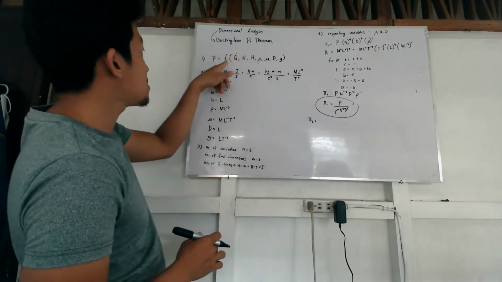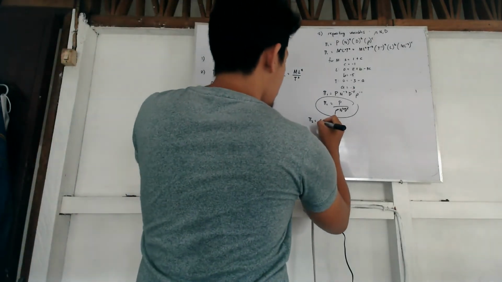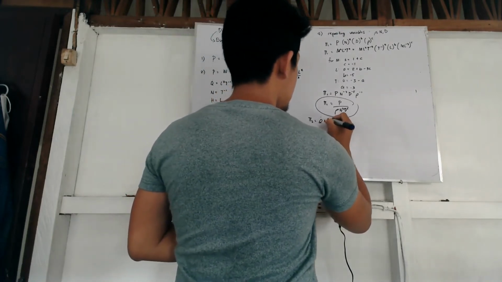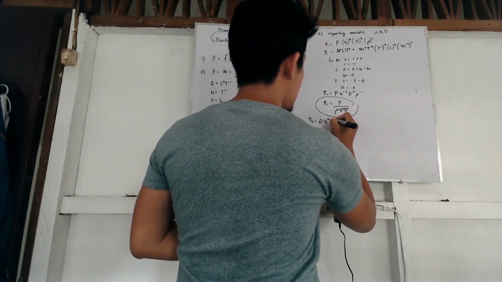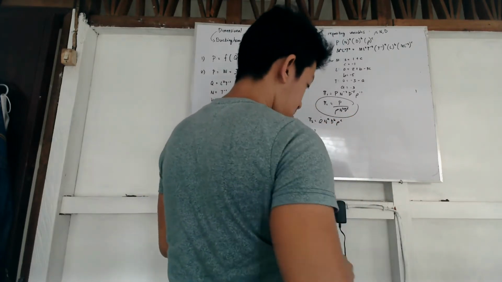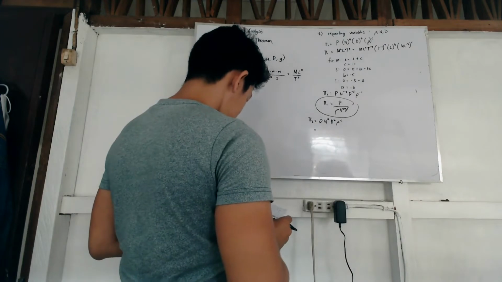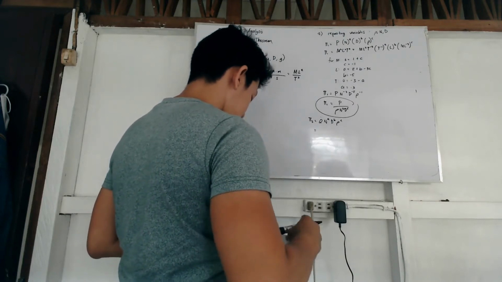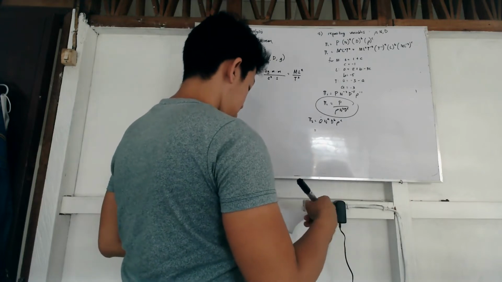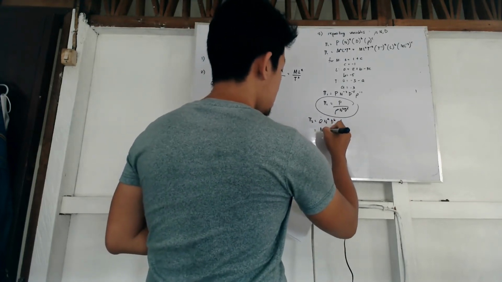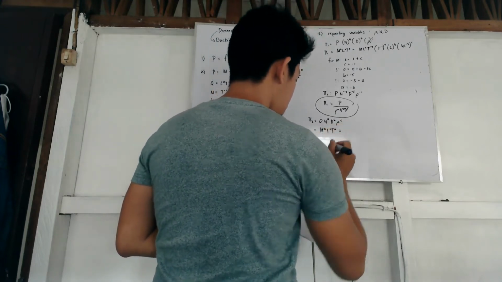Next is power, or flow rate Q. Same process. Q, anyway, it is the same process. N0, L0, T0.